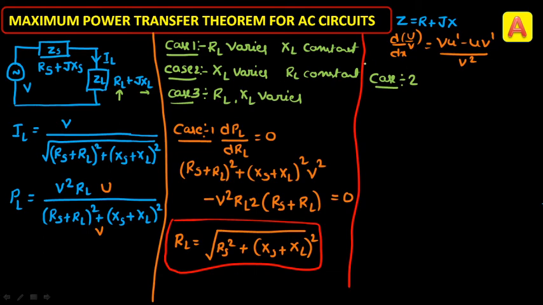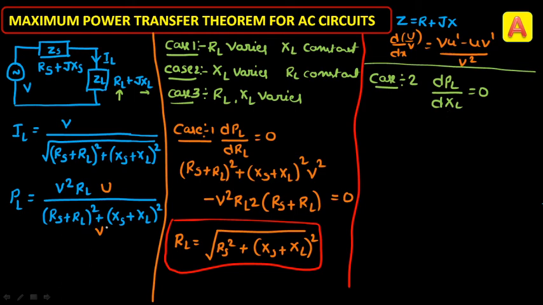We have to differentiate the power demanded by the load with respect to XL and equate it to 0. Here also we use the U by V formula, but with respect to XL.